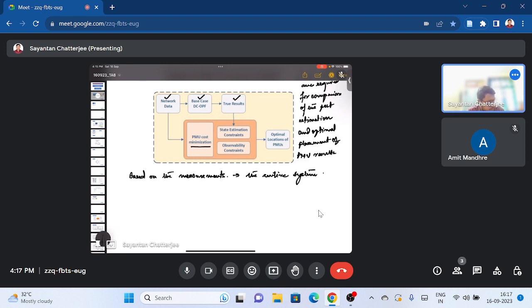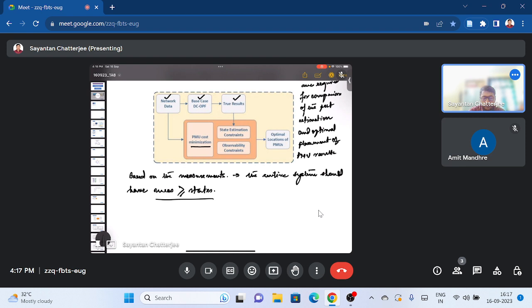The system should have measurements greater than or equal to the number of states. If this condition is satisfied, only then can we say that the system is observable. Otherwise, the system will be unobservable.